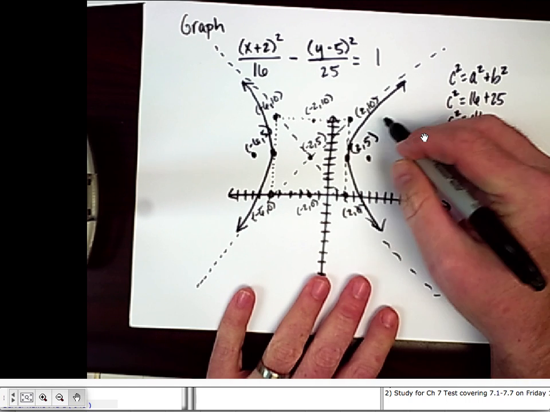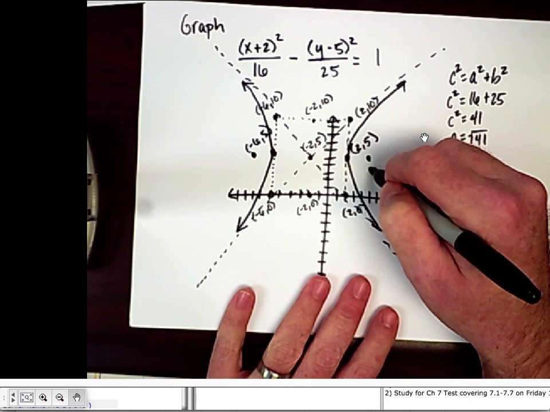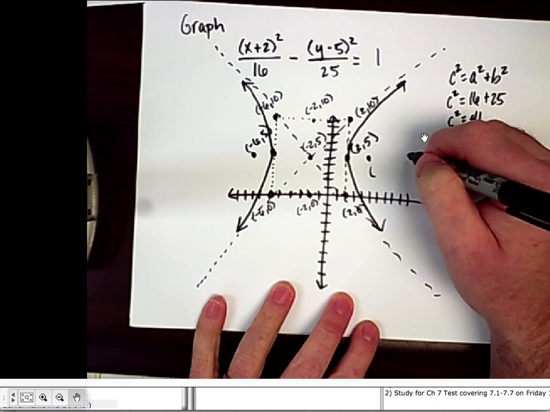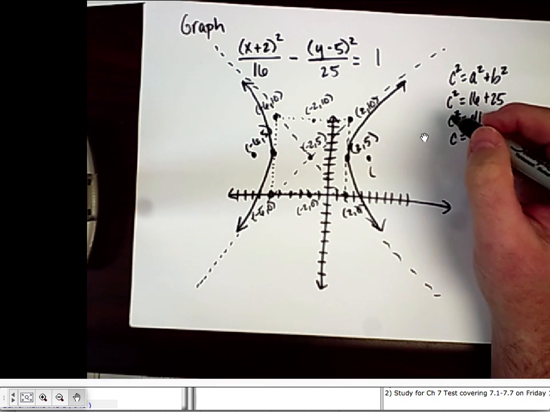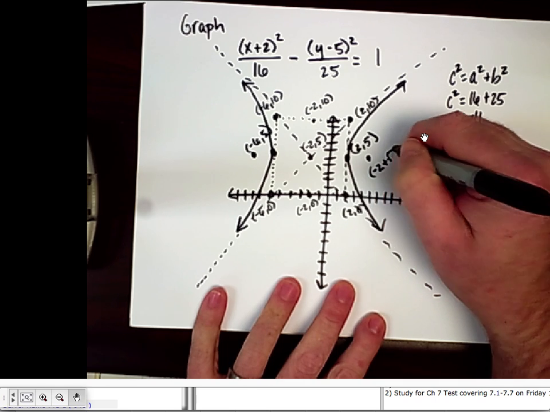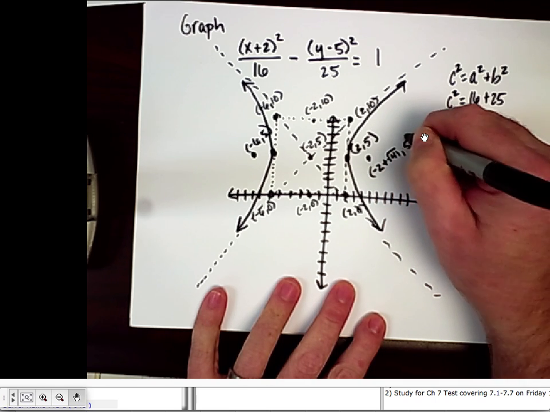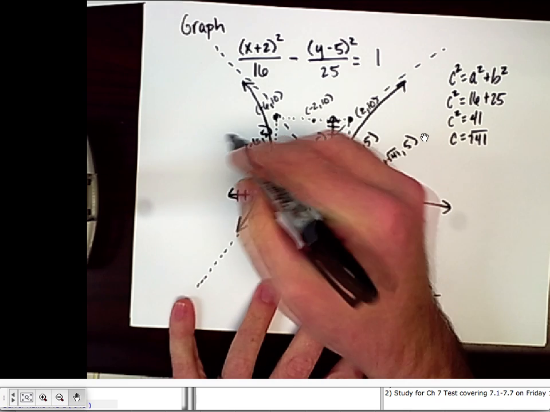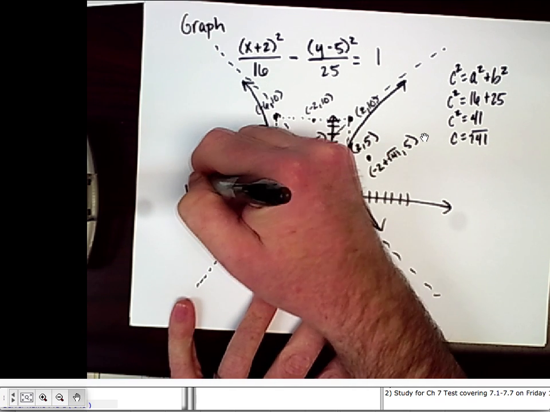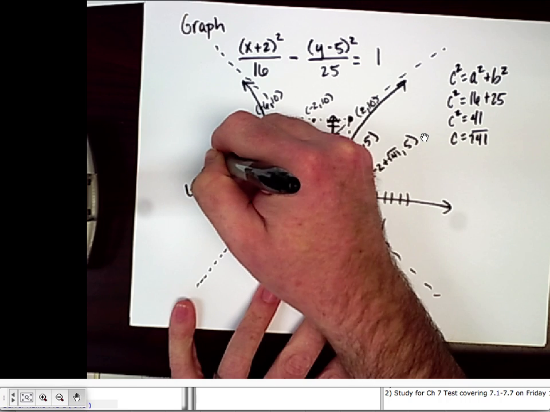What would the coordinates of this focus be? The y coordinate's 5. The x coordinate is going to be -2 plus the square root of 41. This one is going to be -2 minus the square root of 41, 5.